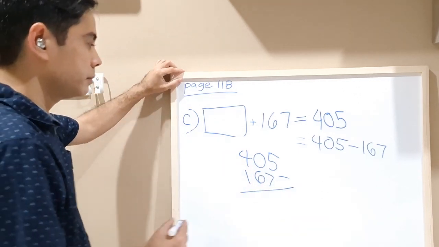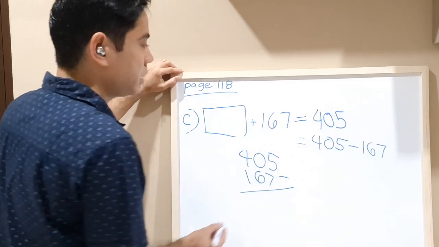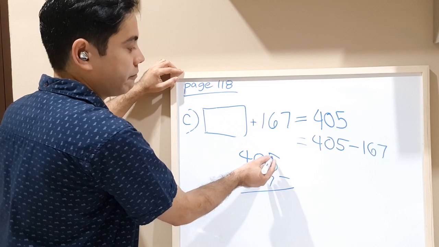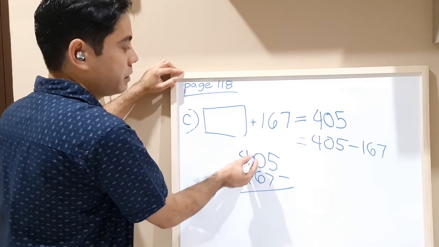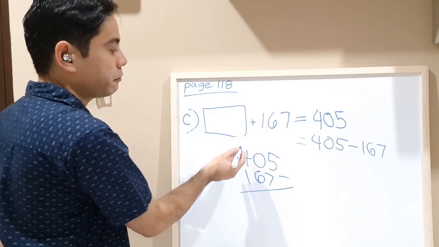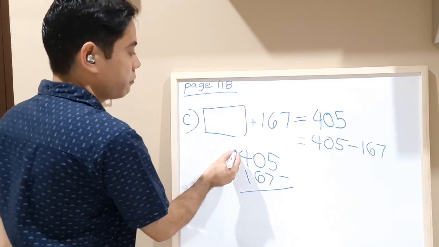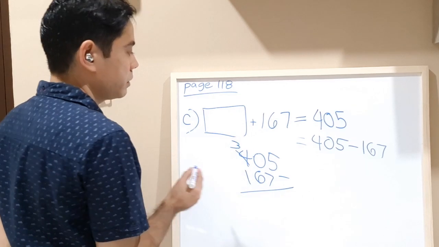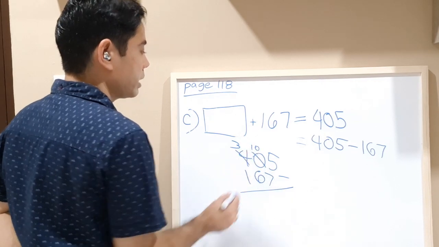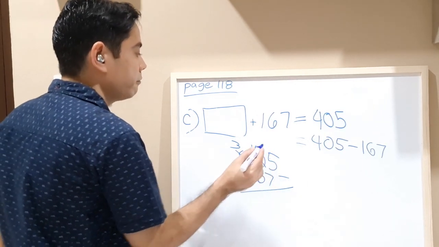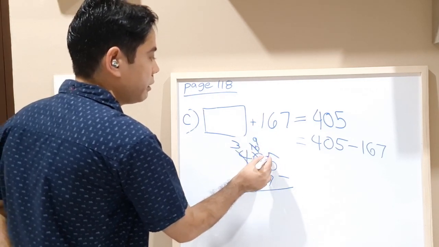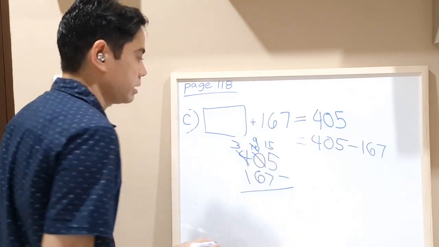Let's see. 5 minus 7 cannot be. 5 is smaller than 7, so we need to make 5 bigger. 5 will borrow from the neighbor, but the neighbor is 0, so it needs to borrow from the other neighbor. So 4 will become 3, and 0 will become 10. Now 5 will borrow from 10, so 10 will become 9, and 5 will become 15.